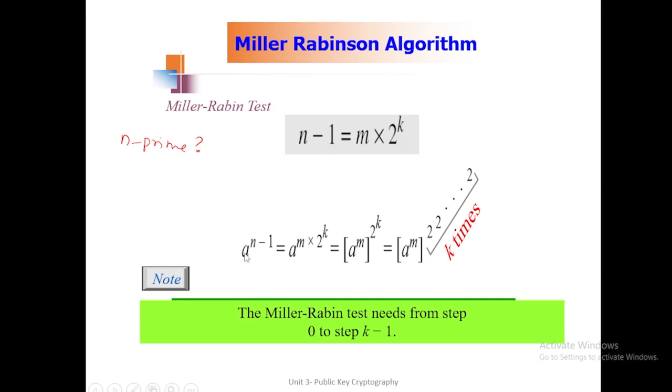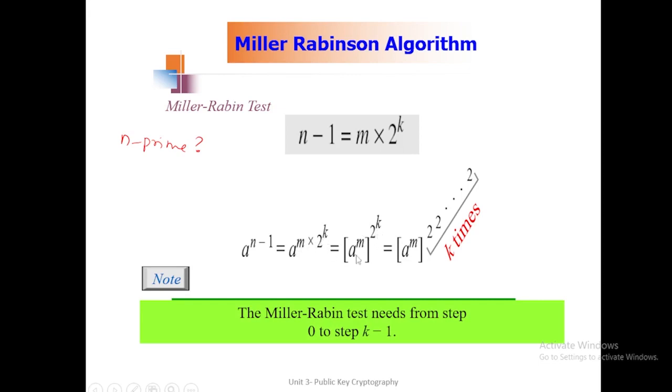If I write a to the power n minus 1, this power can be rewritten as a to the power of m into 2 power k, substituting the value of n minus 1. Then a to the power m into 2 power k is rewritten as a to the power m, whole power 2 power k.